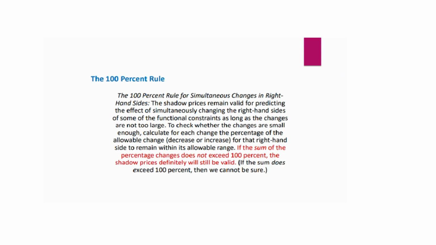Now, if there are simultaneous changes in the right-hand side values, we will also use the 100% rule. So how do you do this? We simply compute the percentage changes in each of the right-hand side values, and then divide one by the allowable increase and the other by the allowable decrease.